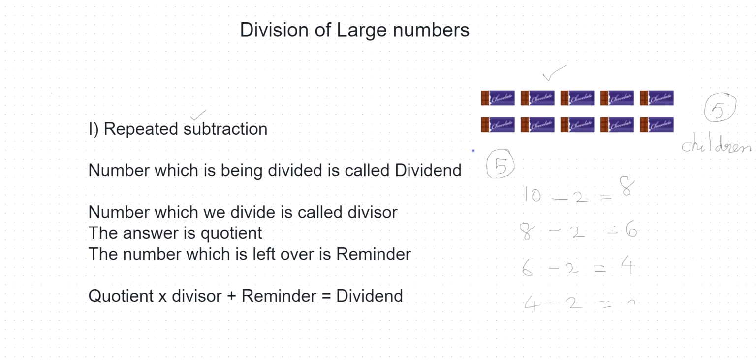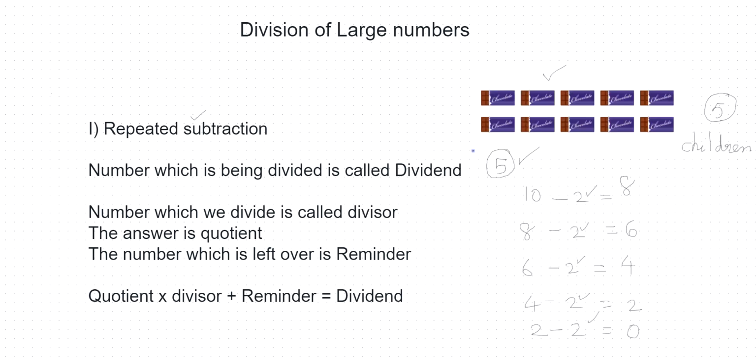And 2 minus 2 finally ends up in 0. So you have to give 2 chocolates to each of them so that these 10 chocolates are distributed equally among 5 children. So this is called equal distribution and this is done by the method of repeated subtraction.